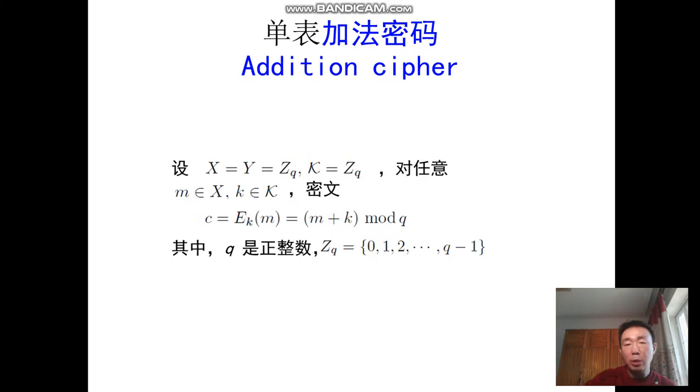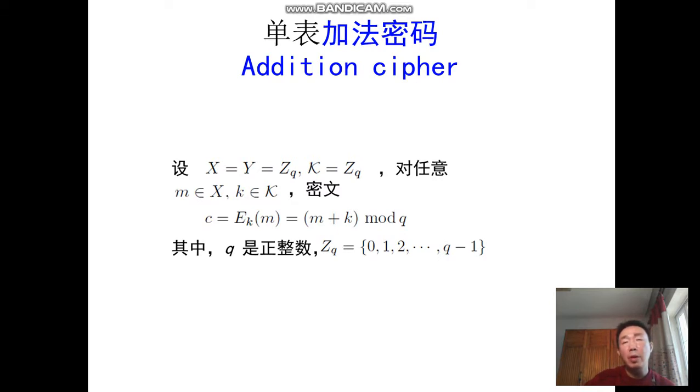So when we get 27, how do we get the real result in this set? The answer is 1. Can anybody tell me how to get this result from 27 to 1? Yes, we must divide 27 by 26, and the new result is the remainder of the division operation.